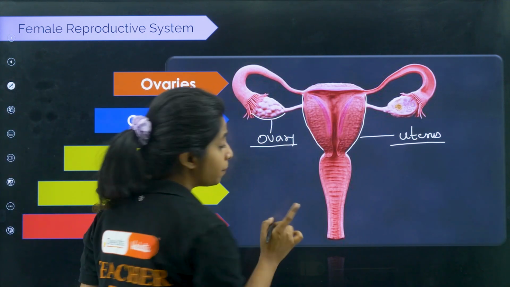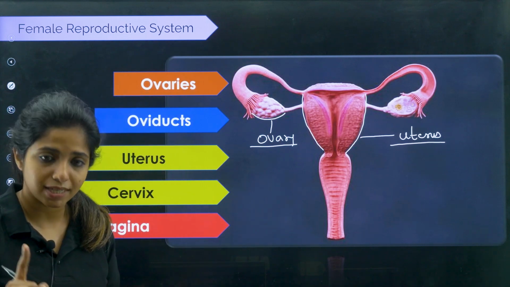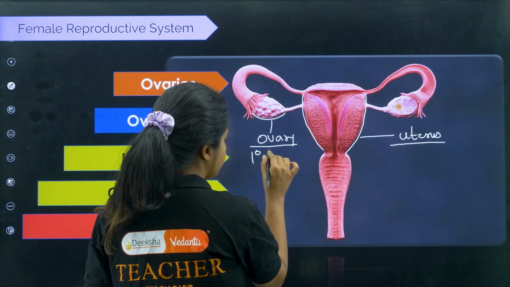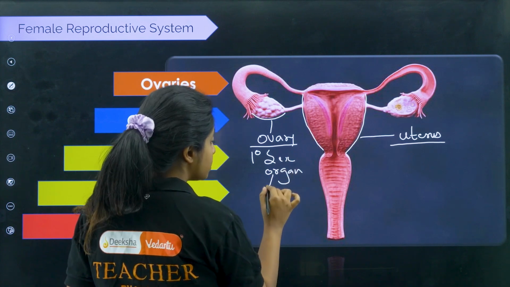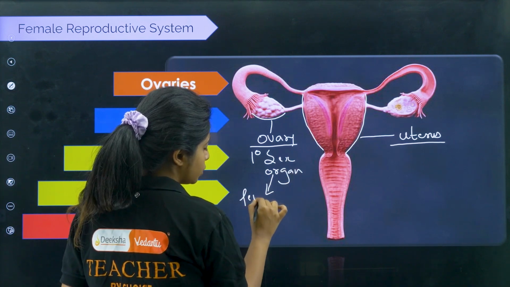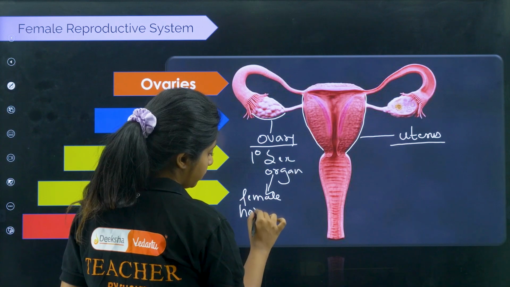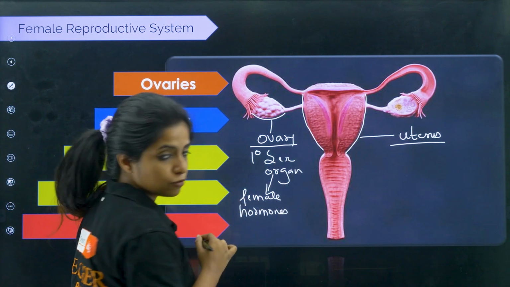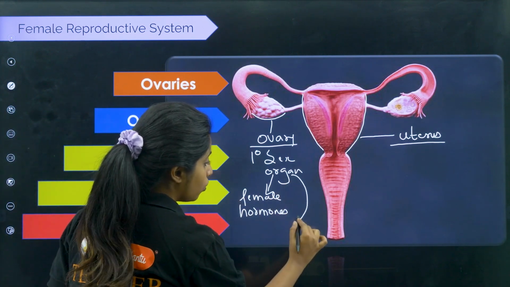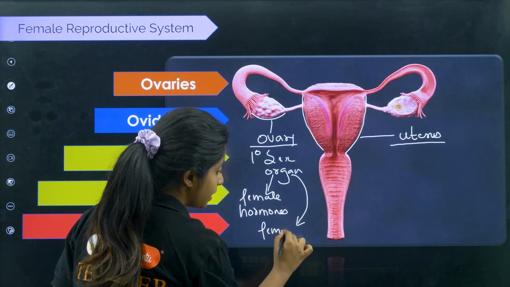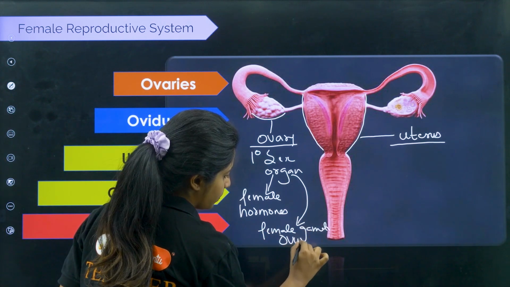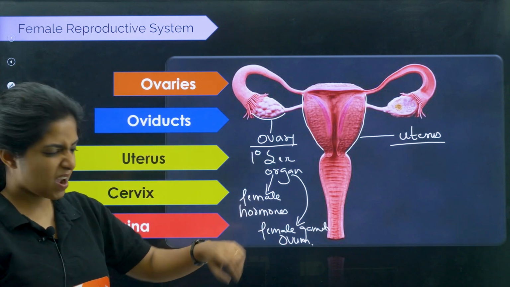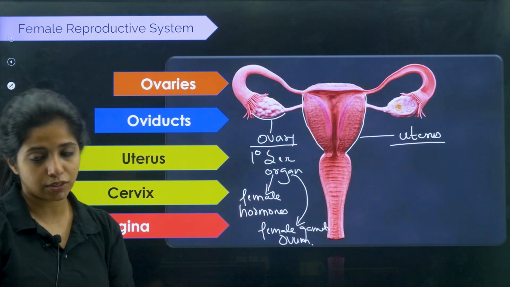Just like how you had a primary sex organ in the case of male, which was the testis, here the ovary is the primary sex organ. Why do I call it the primary sex organ? Because this is where female hormones are made, estrogen and progesterone, and also the female gamete is made. What is the female gamete, my dear children? Ovum, which is why it is known as the primary sex organ.